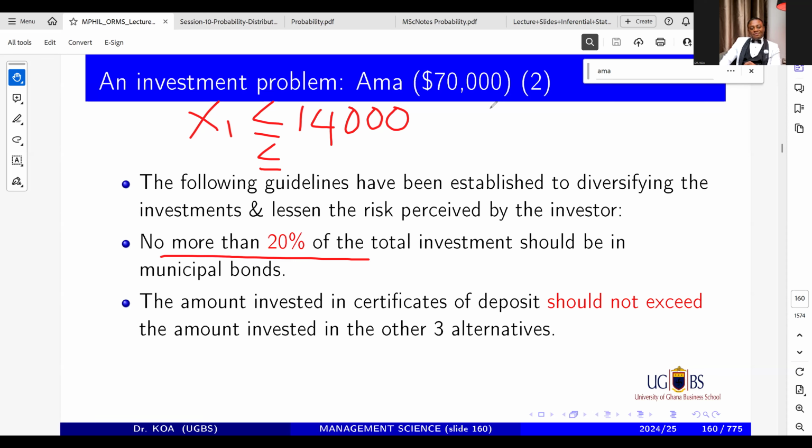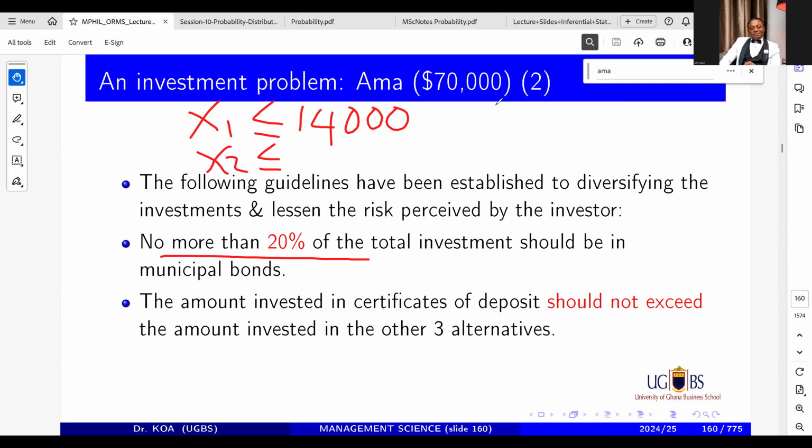Well, when you look at it carefully, you will notice that we are talking about the amount invested in certificate of deposit, but we don't know that amount, and we have already defined that to be X2. So the amount invested in certificate of deposit is X2. So what you should have on the left side is X2.